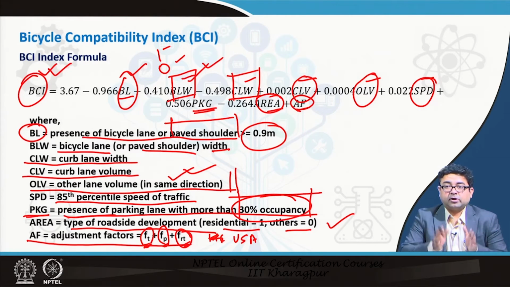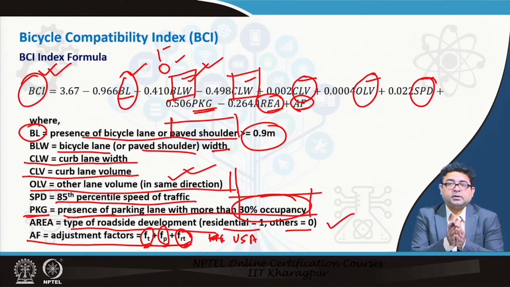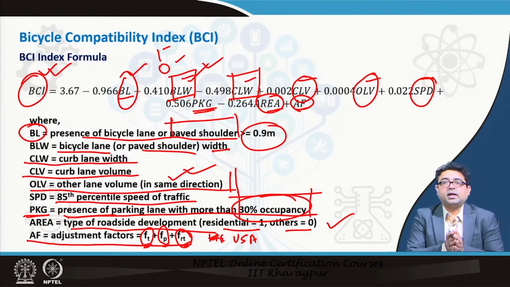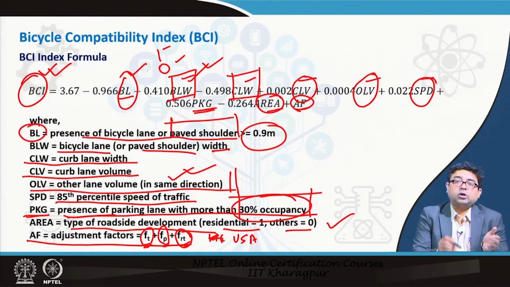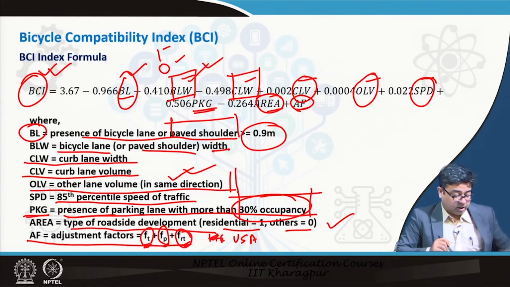Whereas when we are talking about the bicycle compatibility index, it depends upon a larger number of factors, because these are bicyclists on the right of way, riding their bicycles on the pavement sharing with other motorized vehicles. So, it takes into consideration a whole lot of factors in order to determine this compatibility index. We have looked at all of these factors one by one.